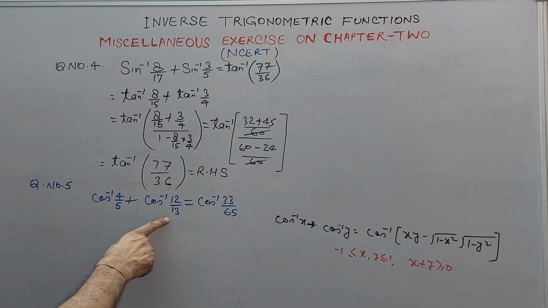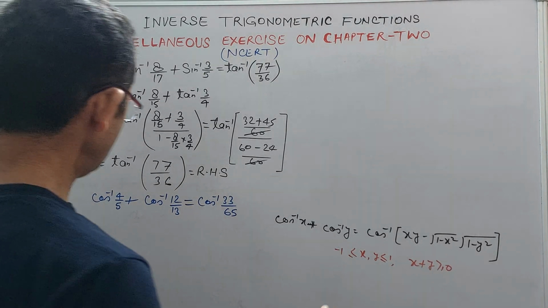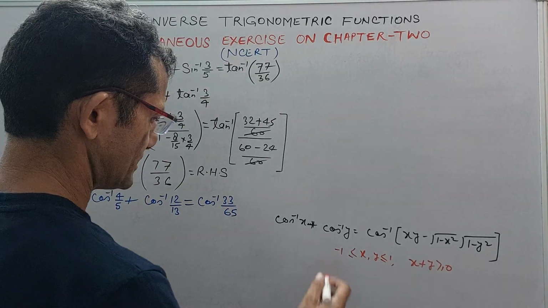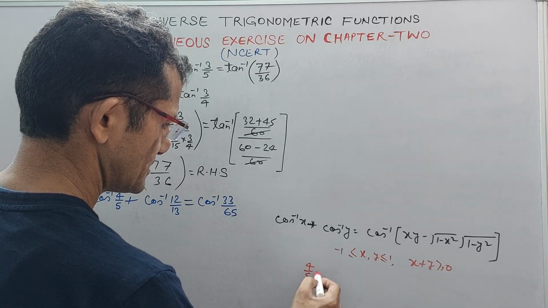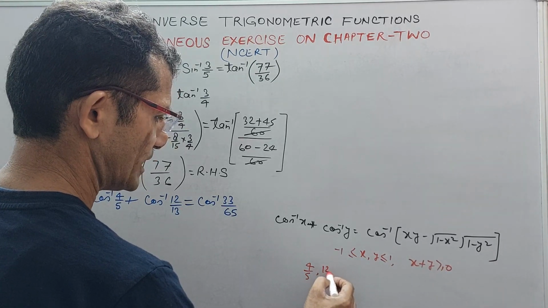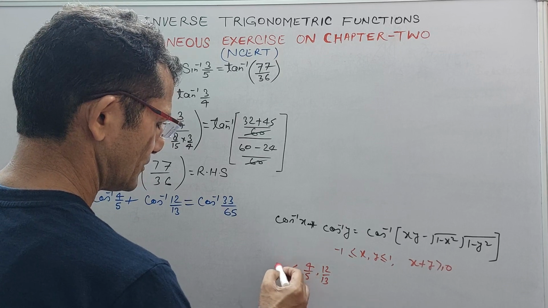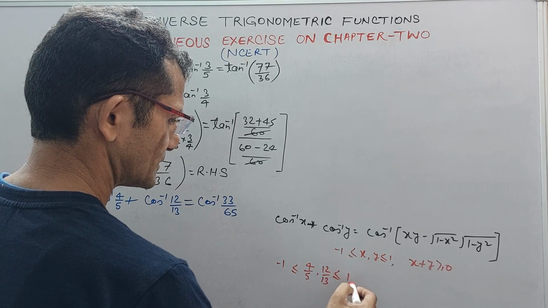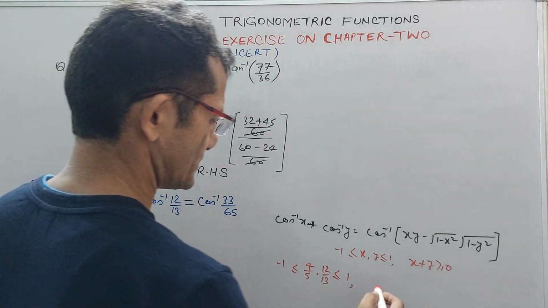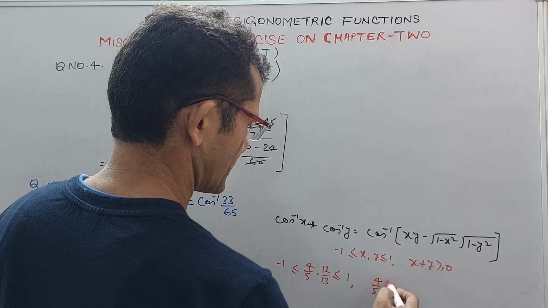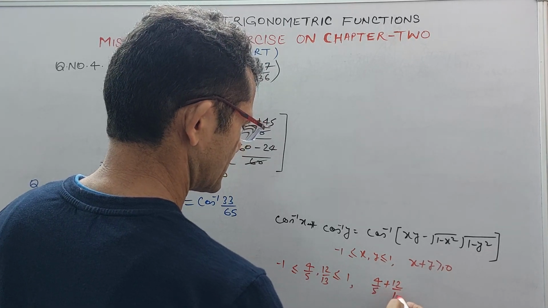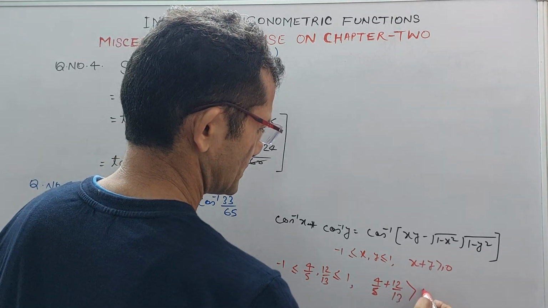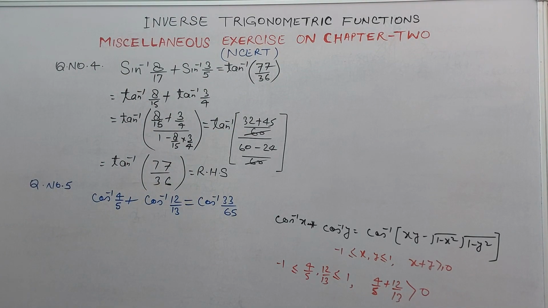Obviously 4 upon 5 and 12 upon 13 both lie between minus 1 and 1. And adding these two numbers, 4 upon 5 plus 12 divided by 13, the sum will obviously be greater than 0.